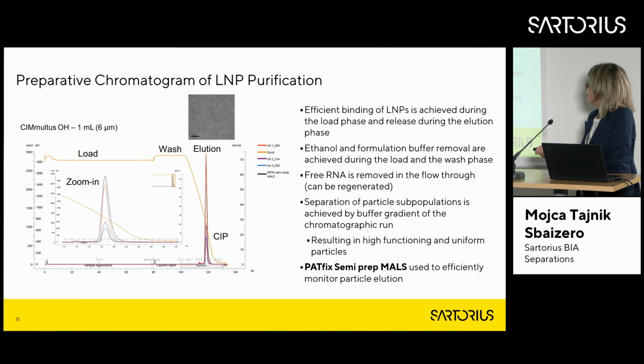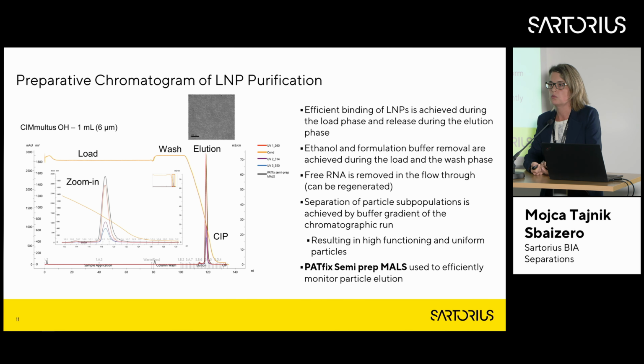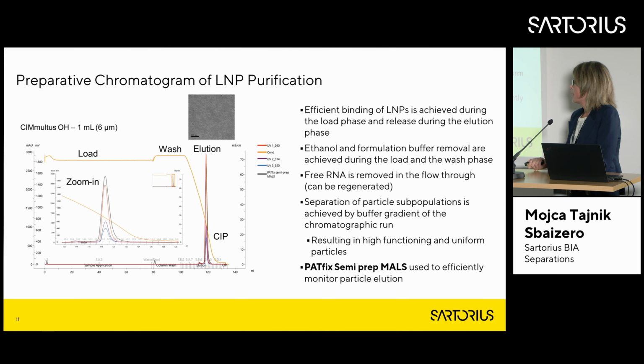That is also indicating that the capacity on the column is purely due to LNPs, so it's really high. During the loading, you remove the ethanol and the formulation buffer from the encapsulation, and also the free RNA. So in case you want to develop, for example, a continuous process, you can also reuse this RNA if you have a higher percentage of non-encapsulated RNA in that particular process.